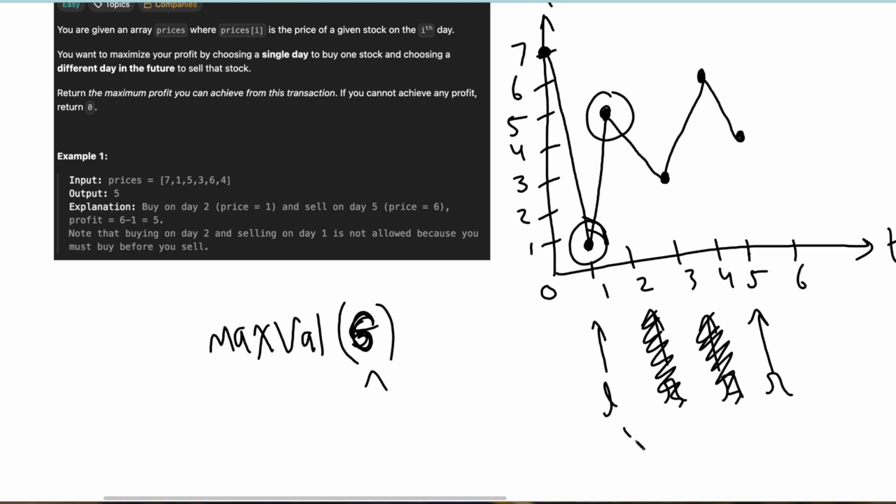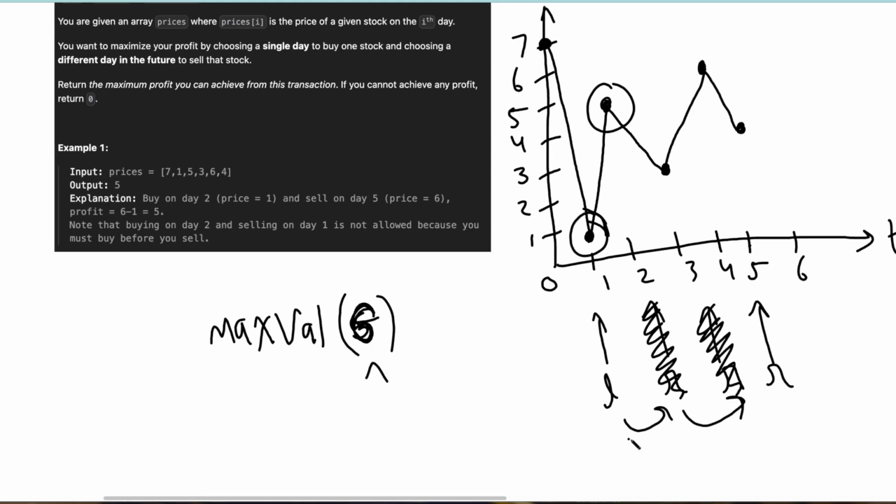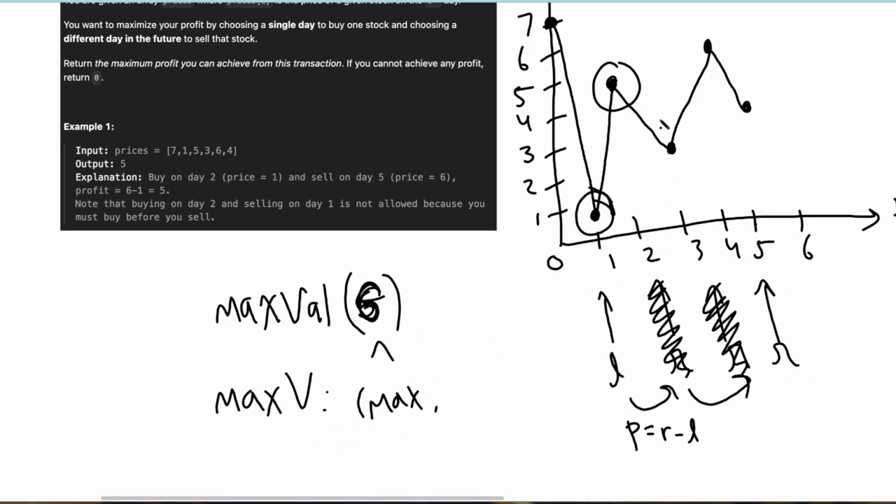But we don't really have to store the max val. Along every incrementation, we can just calculate the profit. The profit is just the current right minus the current left, and then we have a global max value that takes the max of the current max with the current profit as right is iterating along. Originally the profit is 5 minus 1.